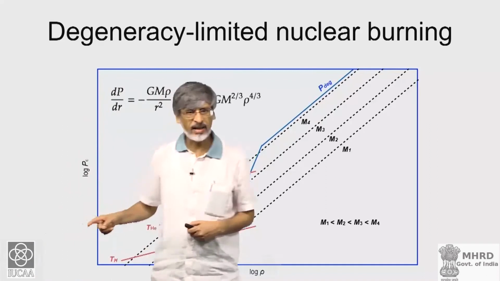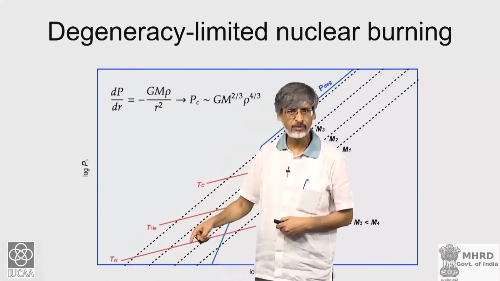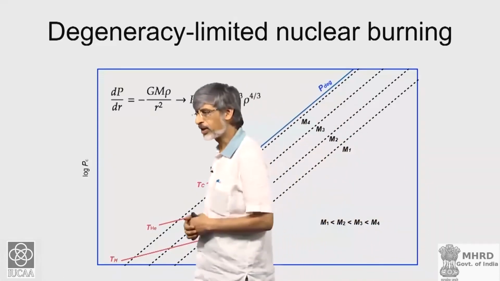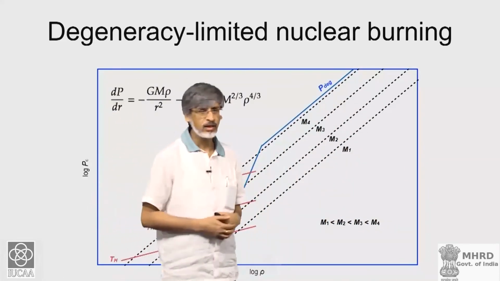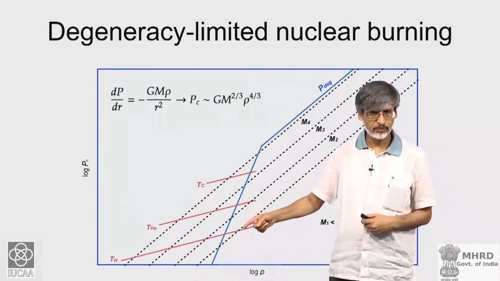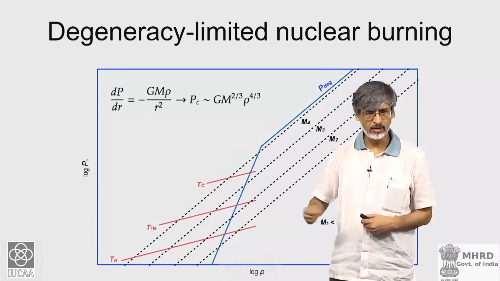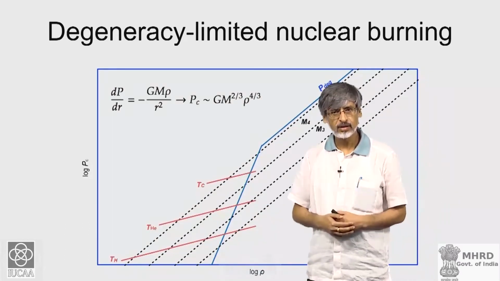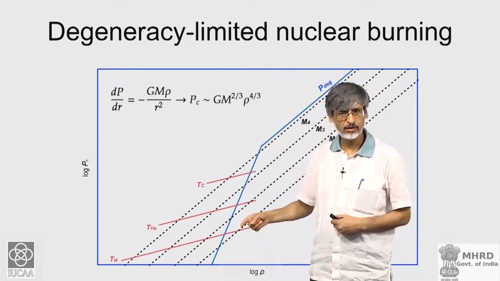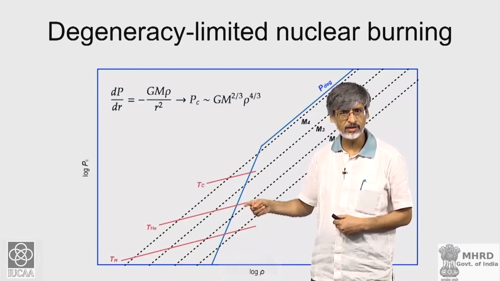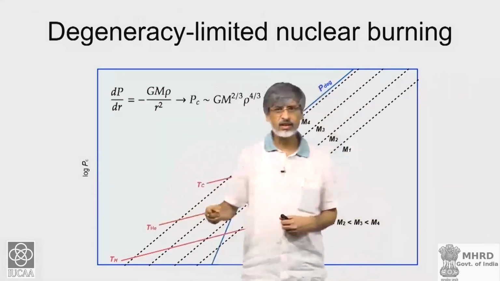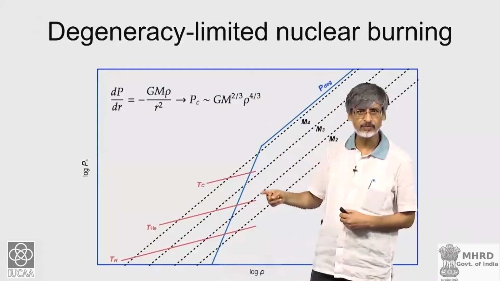Now, in red here I have indicated schematically the pressure temperature combination which corresponds to the ignition of various nuclear burning stages. So, this red line is for hydrogen, that one is for helium, and this one is for carbon. Now, consider this mass M2 here.